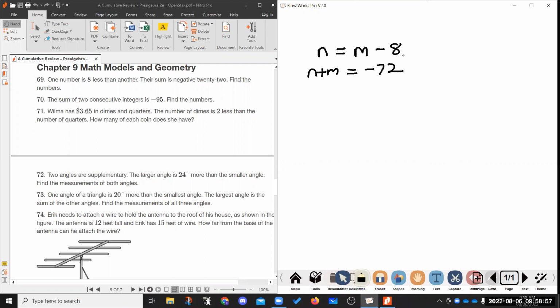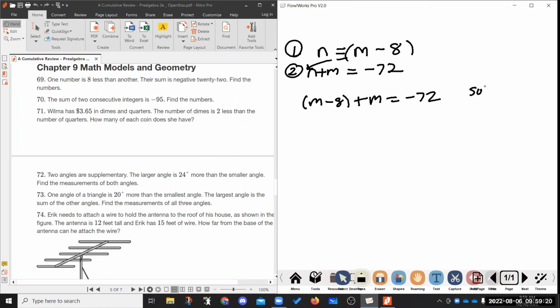Find the two numbers. Well, this is already set up for solving by substitution because I have n is m minus 8, plus m is a negative 72, substituting what n is for the n in the second equation. This is equation 1 and this is equation 2.